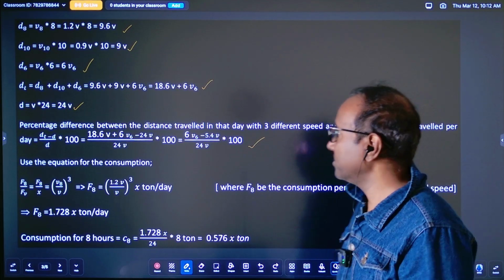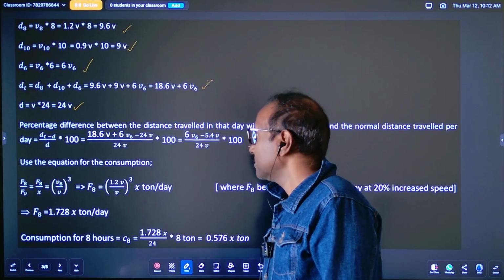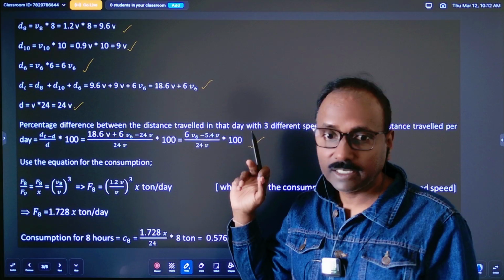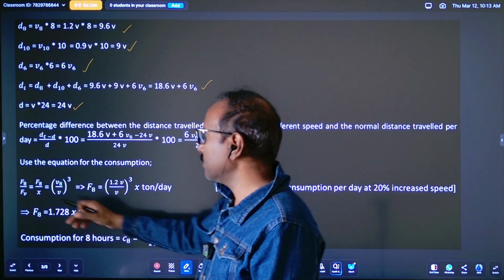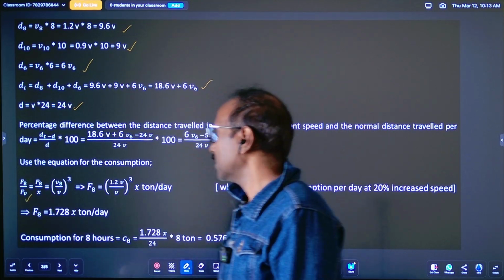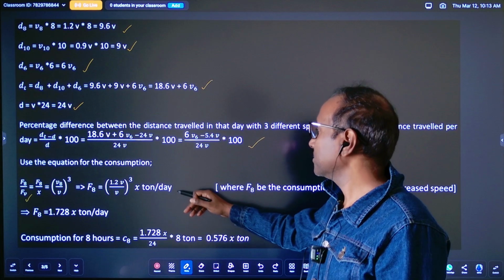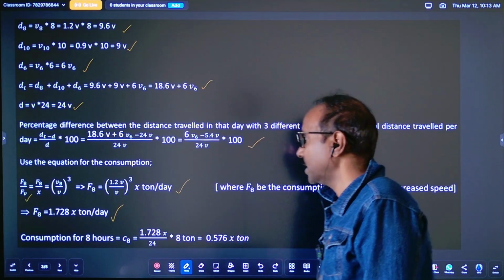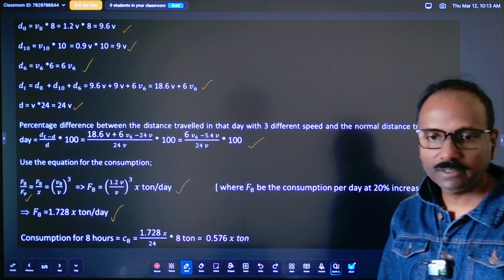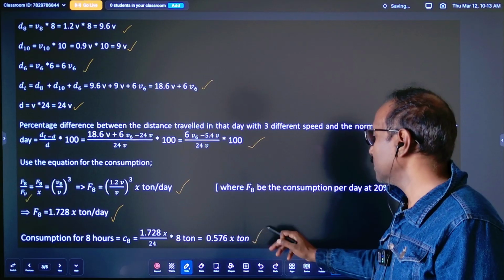So how to find v6? You have the condition of the fuel consumption. So start using the formula of fuel consumption, F8 by F v. So F8 is this much per day. Convert it into 8 hours, so C8 is this much.